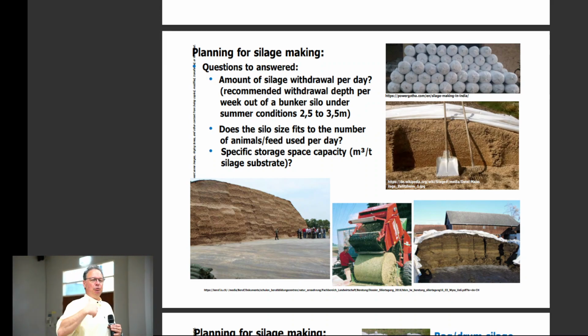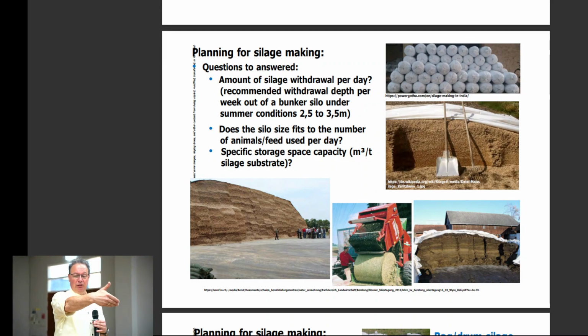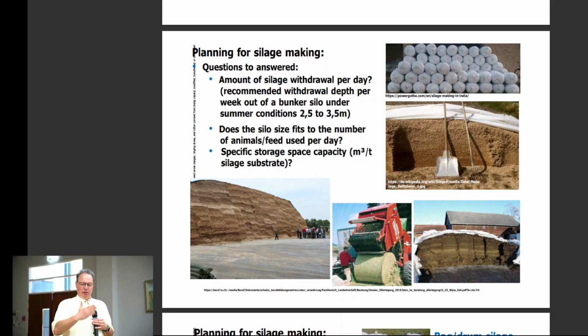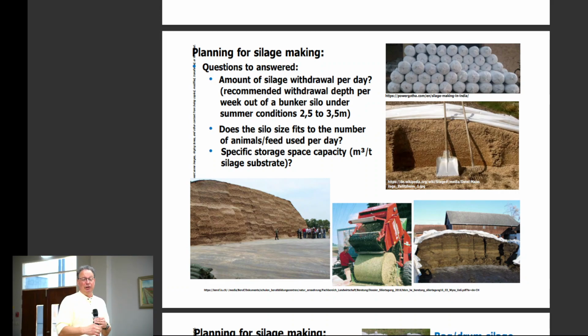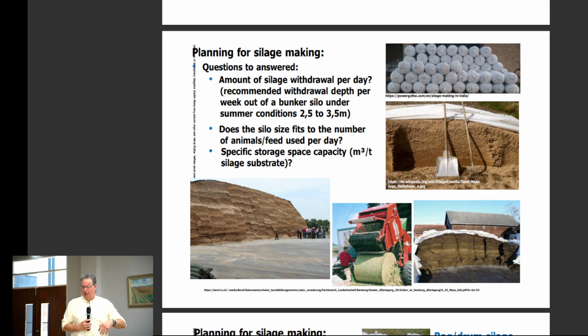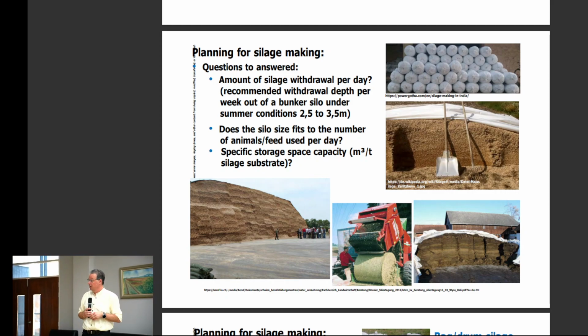Because as soon as you open the silo, the process of re-fermenting and restarting of losses will start again. So if you have a small intake, the silage will already start to rot inside your silo because the oxygen is already going in, and you get preheating and pre-fermentation processes you don't want to have.